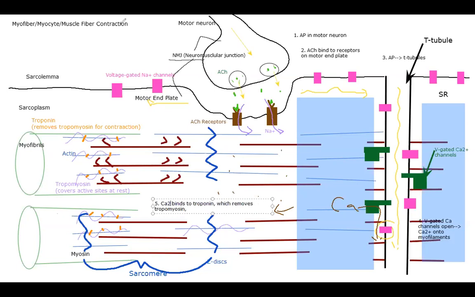And that is going to allow the cross bridges to form. And keep in mind that the cross bridges are just the actin and myosin actually being bound together. All right, so myosin binds to the active sites on actin. Okay, so all that's going to happen over here.